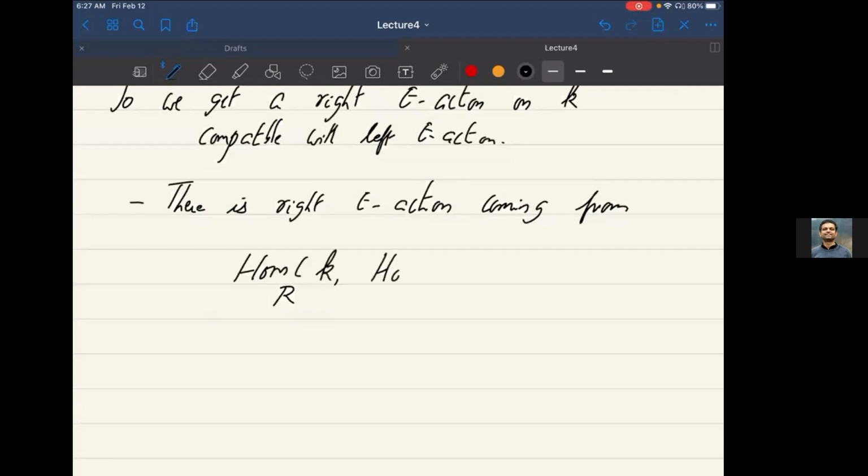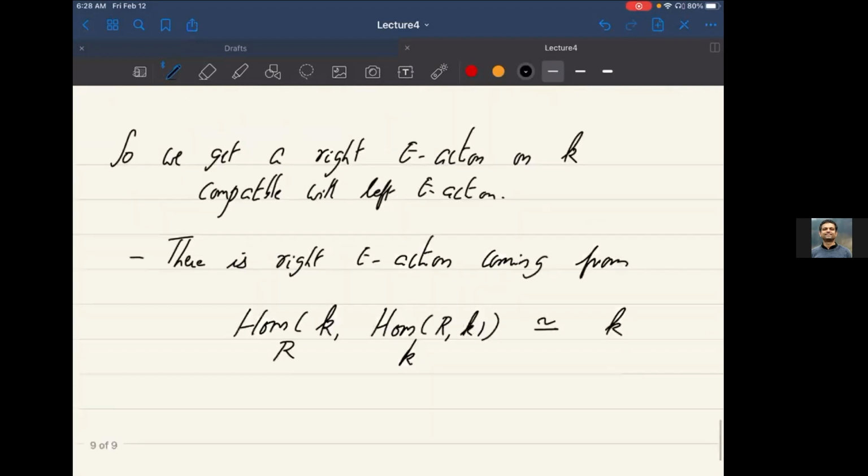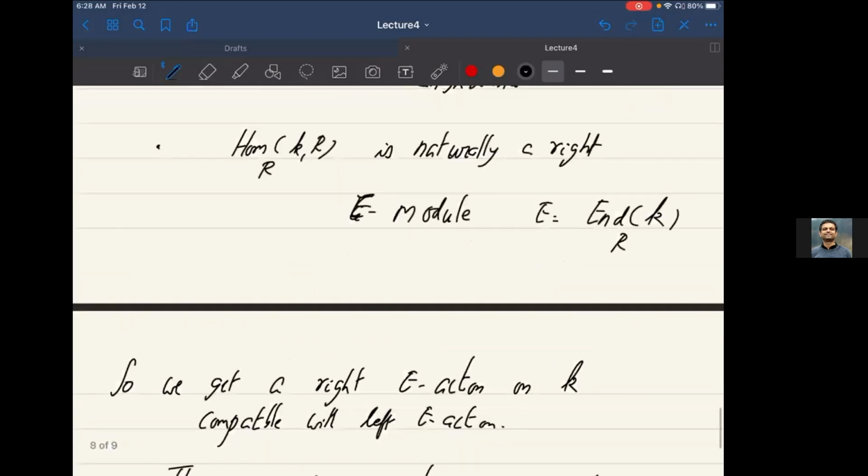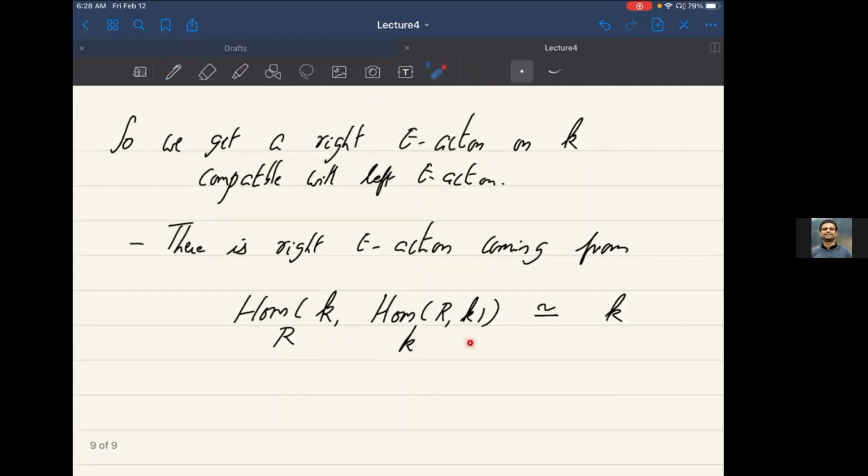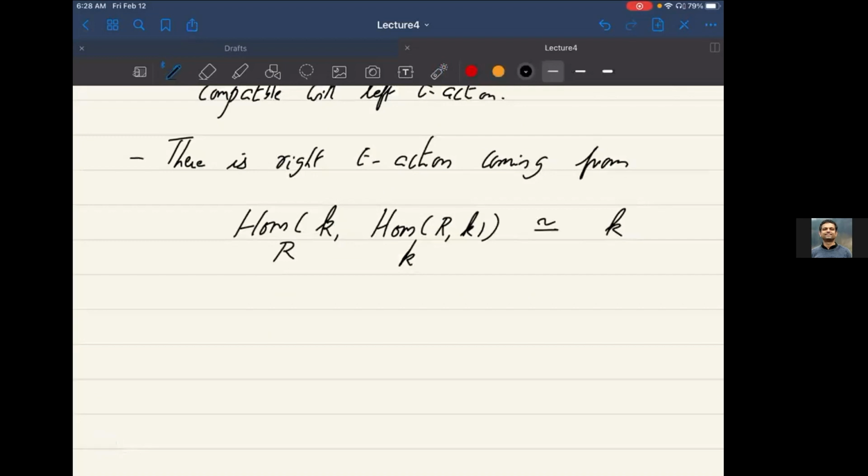If you look at maps from, basically, you have two modules, and this should remind you of what I brought up before: R itself on the one hand, and now the K dual of R. They both give you right E actions on K. And one of the things that one has to prove is that, under certain hypotheses, when R is proxy small, when K is proxy small as an R module, one can prove that the right E actions all coincide on K, using arguments similar to those that go into the proof of the Dwyer-Greenlees result.